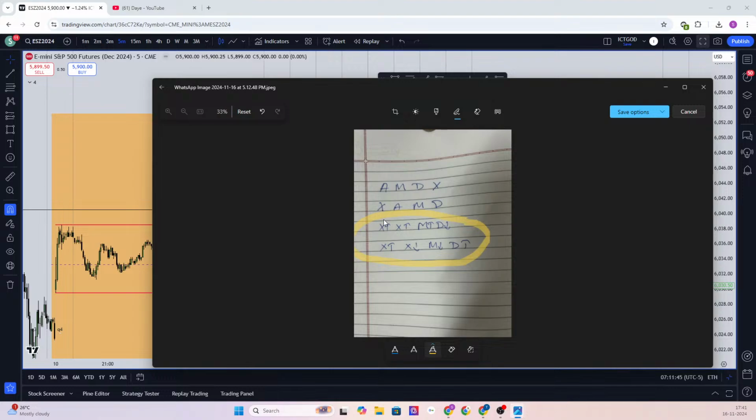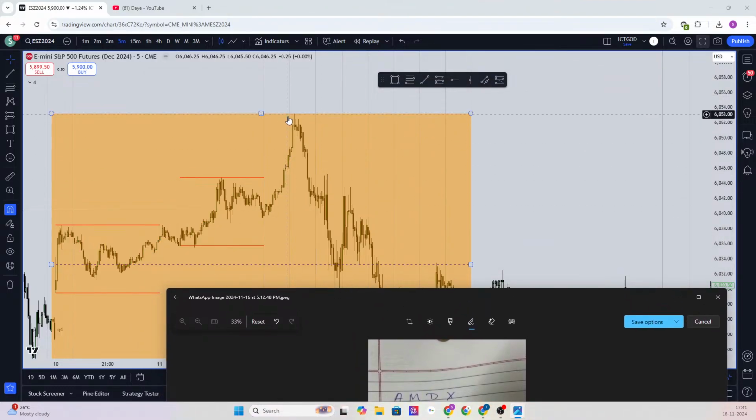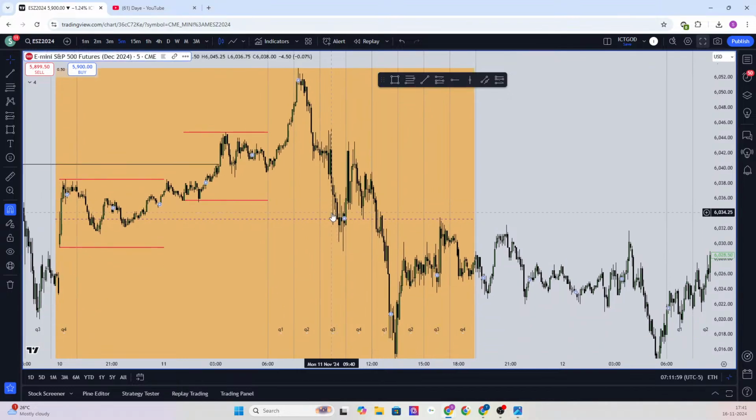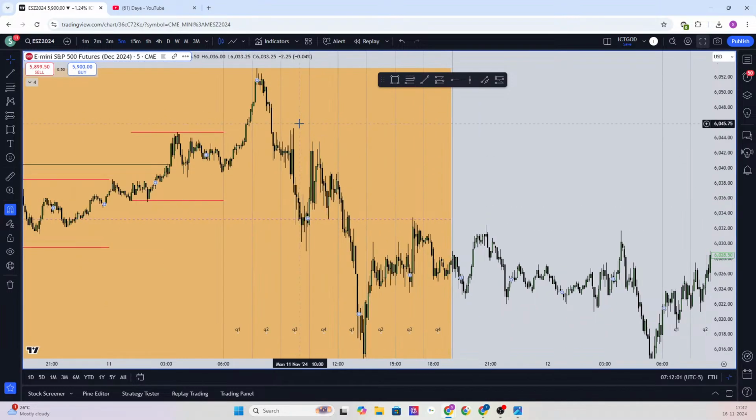If the Q1 is a continuation or a reversal of the previous session, the second is supposed to be an accumulation as per Day. But sometimes it doesn't accumulate, it reverses, like how it did here. If you can see, the Q2 just reversed immediately. You can't call this accumulation. It reversed.